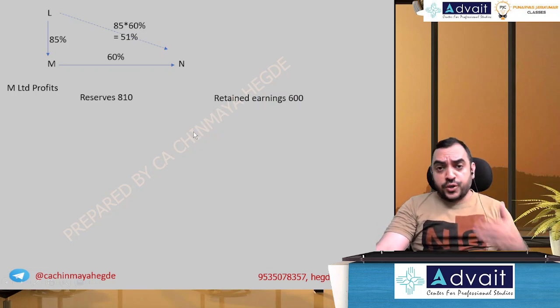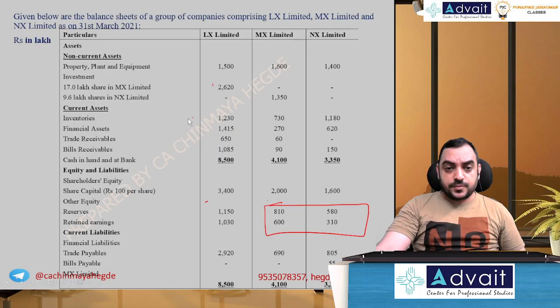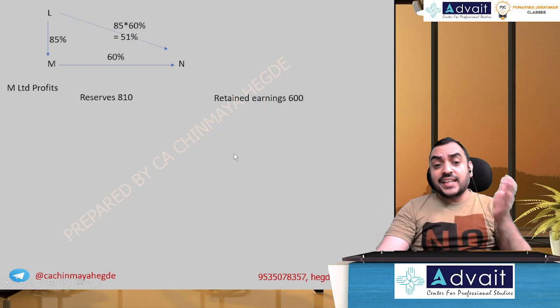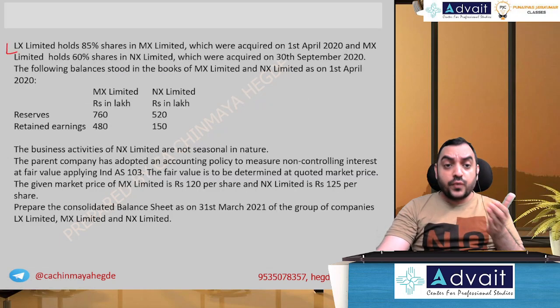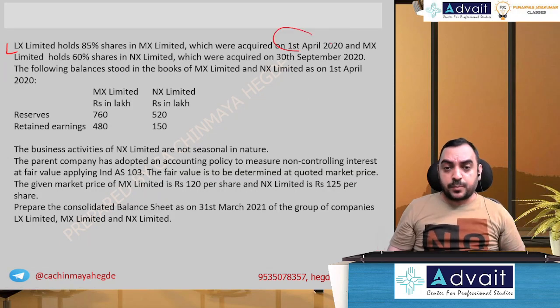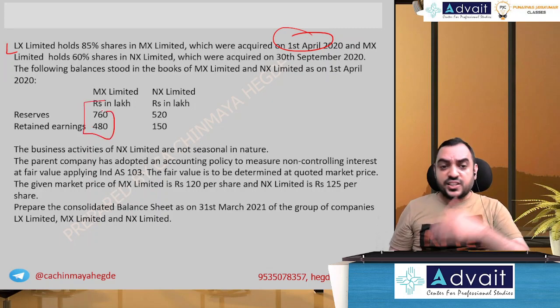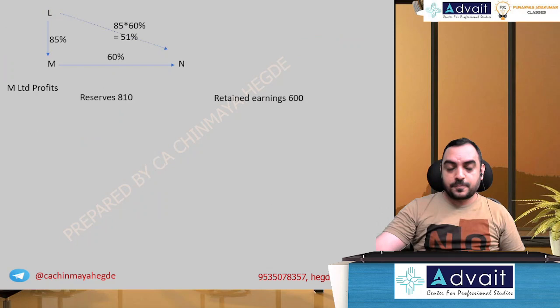Okay, so what are we going to do with respect to the reserves, 810 and 600? Look at when L acquired M. L acquired on 1st of April. So the opening balance, whatever you see, becomes pre-acquisition and the remaining is post: 760 and 480.